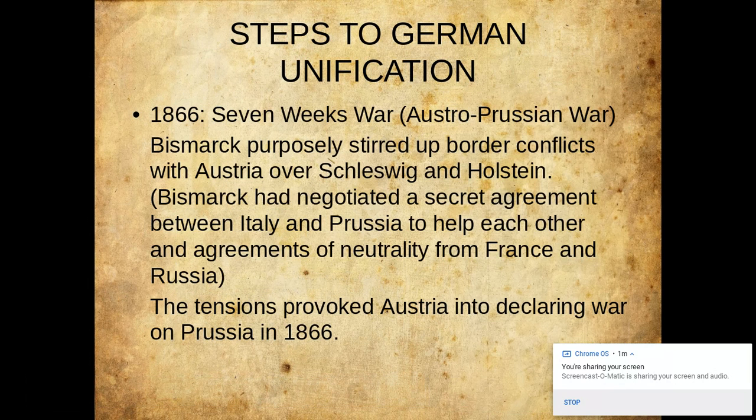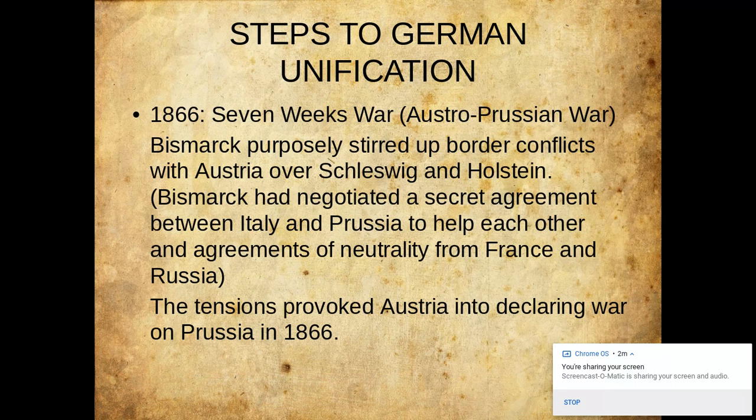So that leads to the next thing: the Seven Weeks War, the Austro-Prussian War. Now they decide to fight each other. And Bismarck is brilliant. If you look back to the map, he purposely stirred up border conflicts with Austria over Schleswig and Holstein, the two areas they decided to split. Those people were once similar in terms of ethnic backgrounds, and now they're being controlled by two different powers.